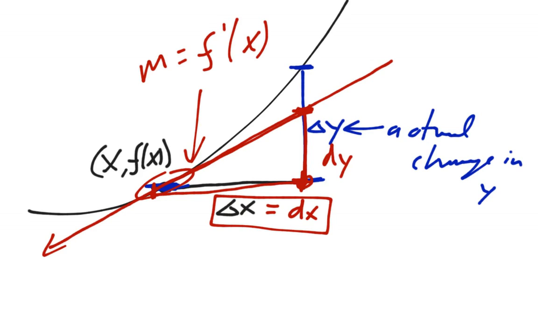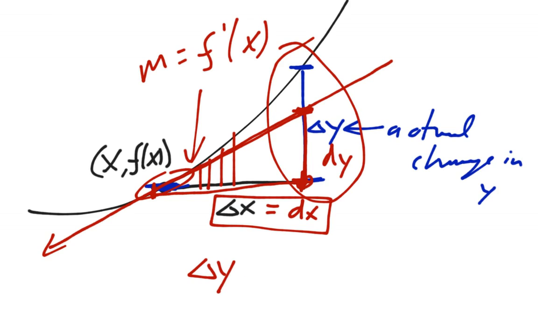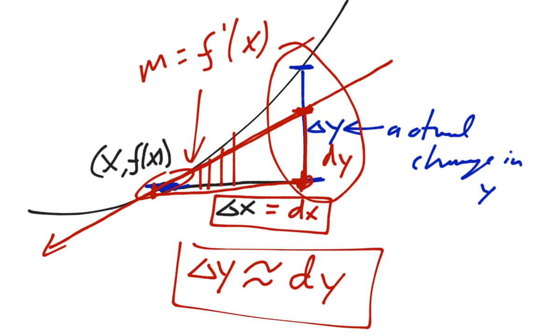However, notice how they're kind of close. And if we get closer and closer as delta x shrinks, they're going to be approximately equal. So the relationship that we're going for is that delta y is approximately equal to dy. Recall that delta y is the actual change. Dy is going to be the estimated change.